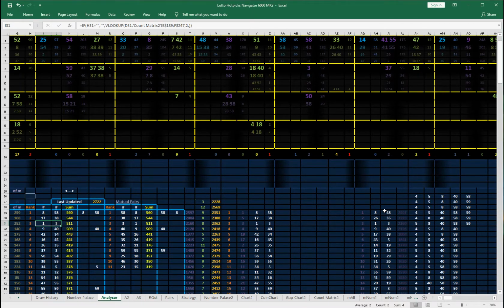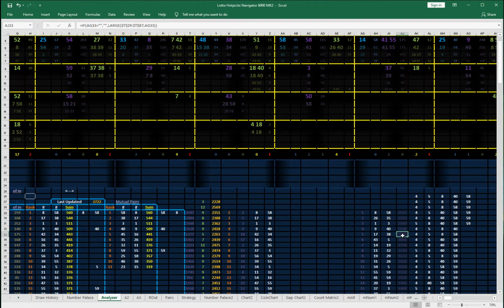But if you look on the pair chart, you'll find that the pair with the largest area is 8 and 58. Second to that, it's 26 and 35, which is only 6th in this ranking system. So it's different depending how you look at it. So each pair has got a different M value.